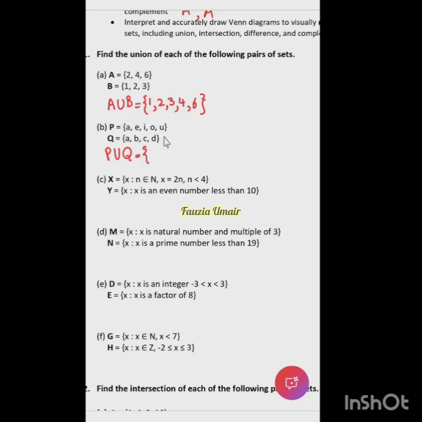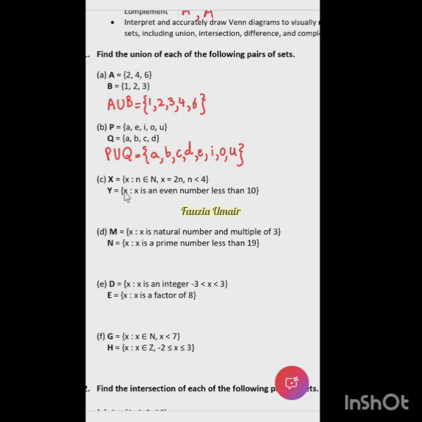A, B, C, D, E, I, O, U. A, B, C, D. And then E, I, O, U. That's right. So the common element is A, which will be written once in the answer, and the rest of the non-common elements will also be written once, right? So this would be the union set.